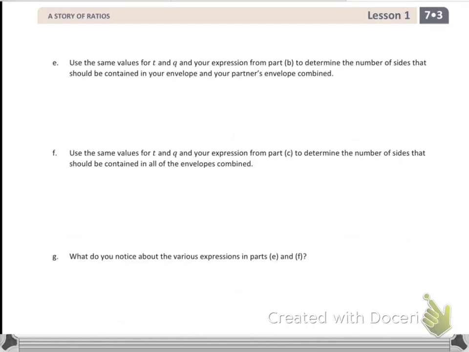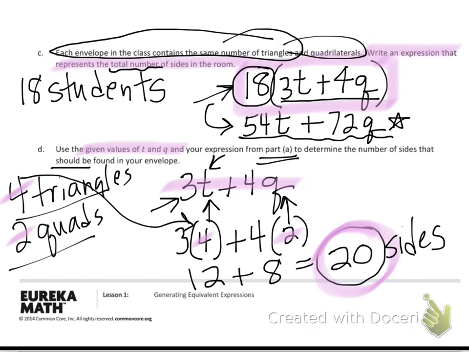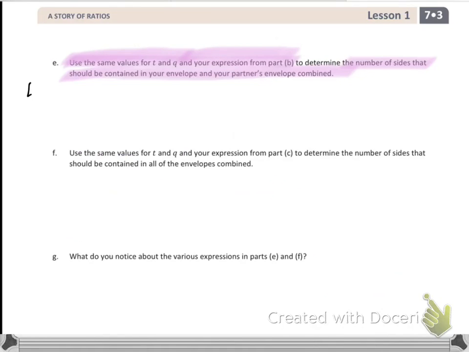Now part E asks us to use the same values for T and Q and your expression from part B to determine the number of sides that should be contained in your envelope and your partner's envelope combined. So again, we have 4 triangles and 2 quadrilaterals.